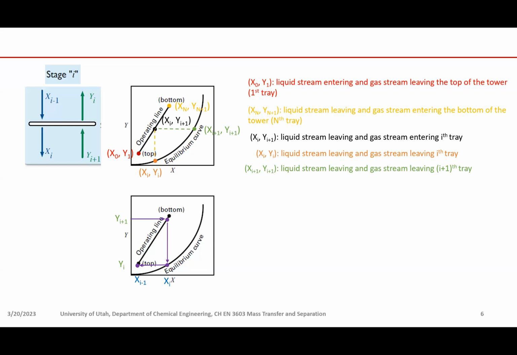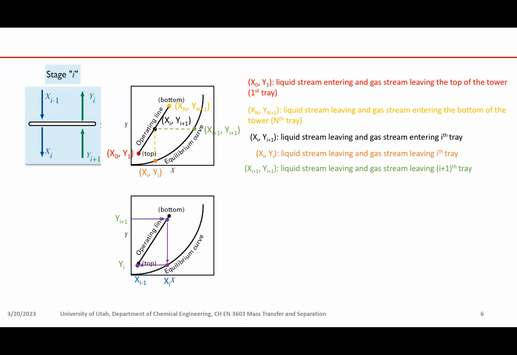These two are constrained by the operating line, so there are 2 more equations we can write down based on the operating line equation, right? So we have 4 variables, we have 3 equations, so the degrees of freedom is 1. That's why as long as we specify any one of these 4 compositions, the rest 3 are defined, okay?